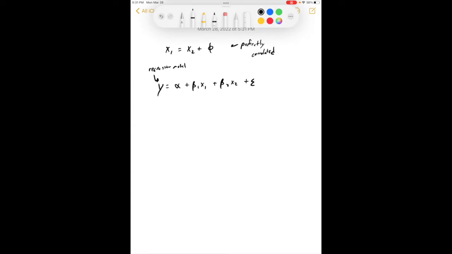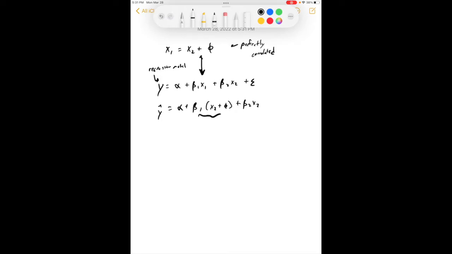Now, I'm no longer going to talk about epsilon. We're going to start writing y hat. And we know that x1 is equal to x2 plus phi. So really what we have here is alpha plus beta 1 times (x2 plus phi) plus beta 2 times x2. And again, I'm no longer writing epsilon because I'm putting the hat on the y.